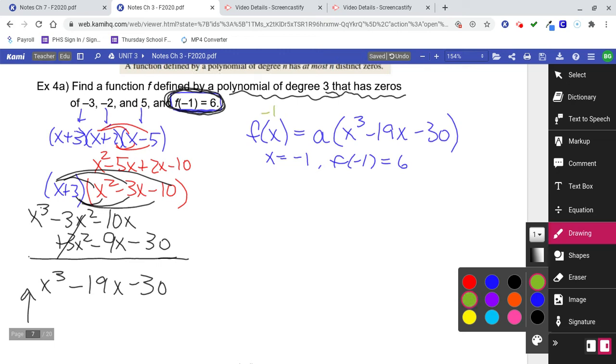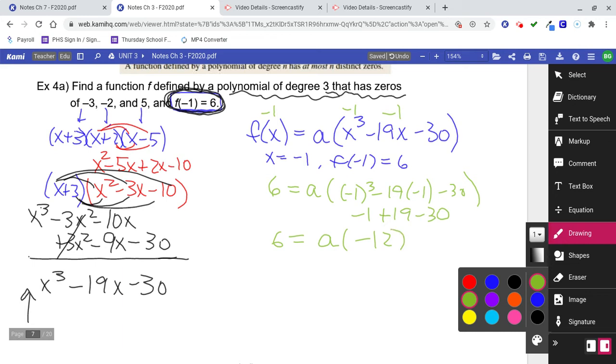If x is -1, that's going to give me 6 equals a times whatever I get when I plug in -1. You can do that on a calculator if you want, but we're going to have -1 to the third minus 19 times -1 minus 30. That's -1 plus 19 minus 30. That's -12. So I've got 6 equals a times -12.